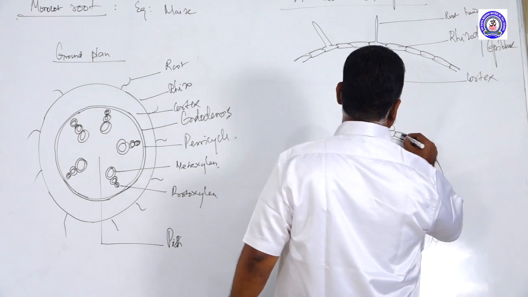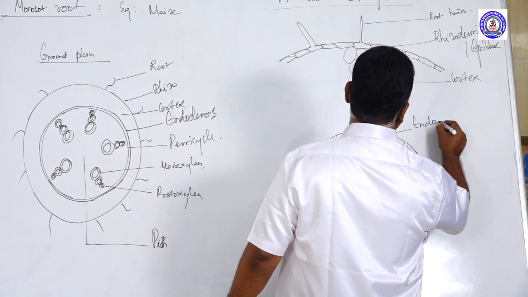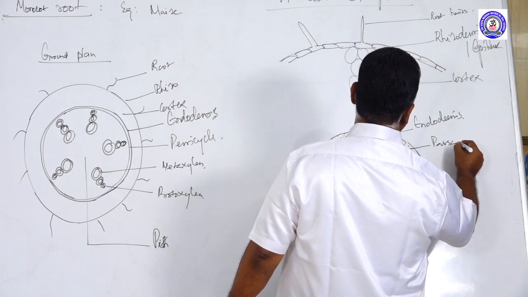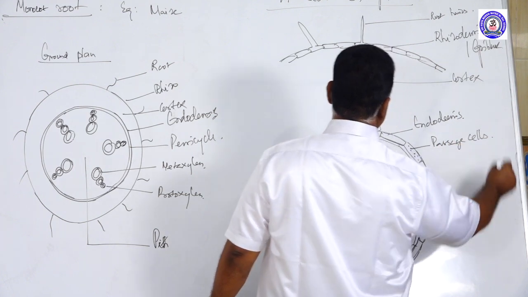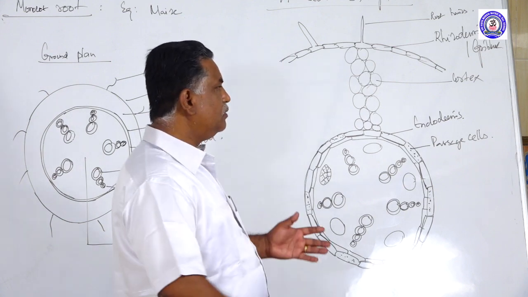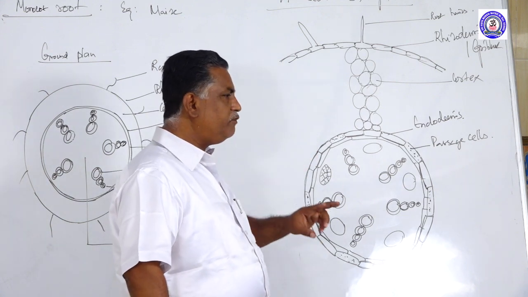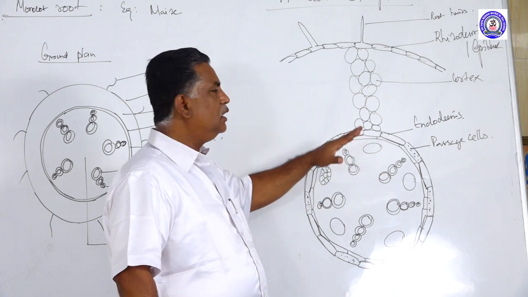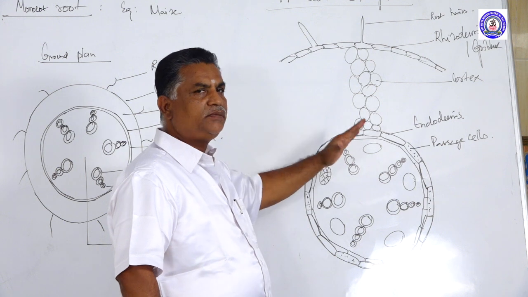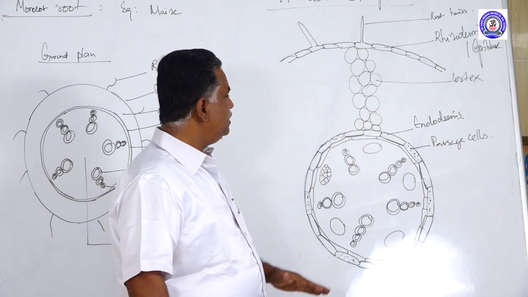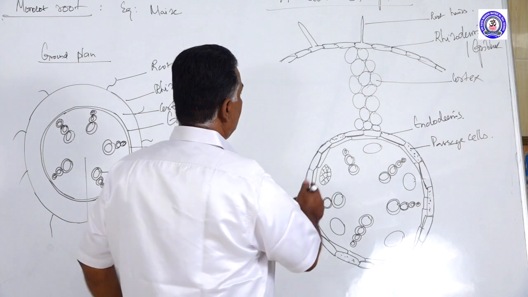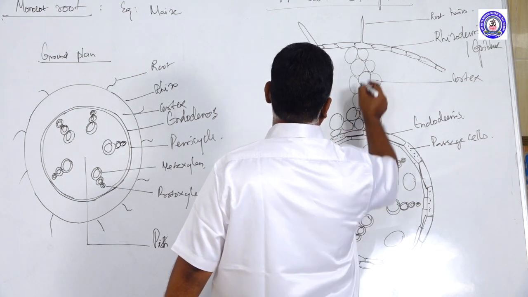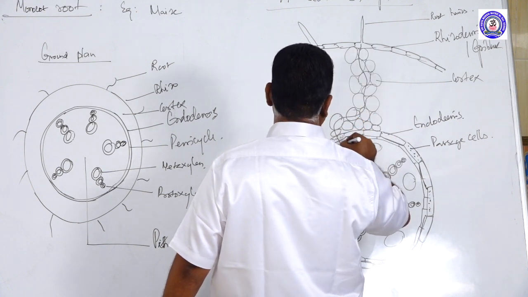So these are endodermal cells, and these are passage cells. Endodermis is made up of two kinds of cells, one with Casparian strips, another without Casparian strips. The cells of endodermis without Casparian strips are called passage cells. They allow the entry of water from the cortex to the xylem.